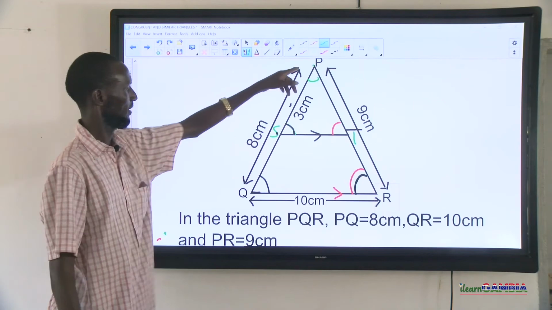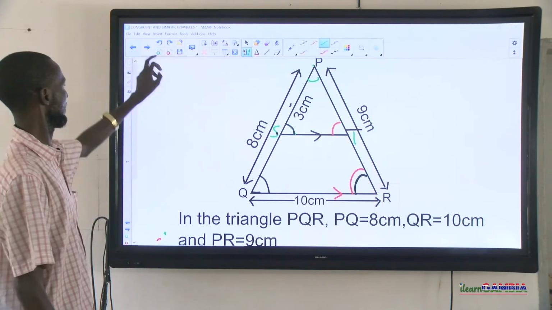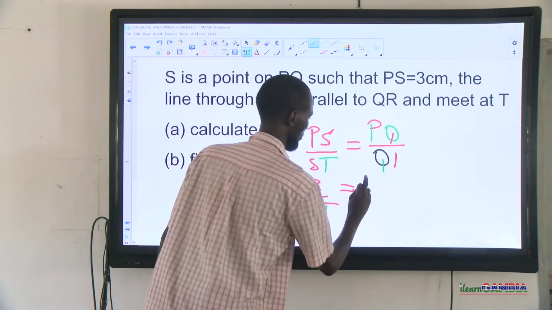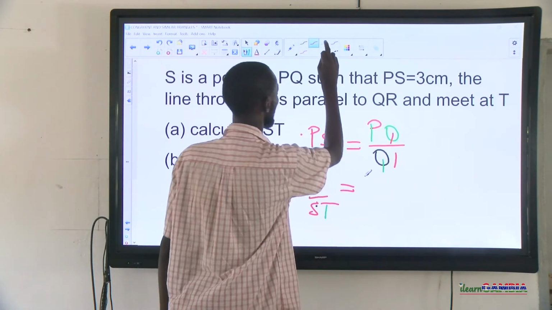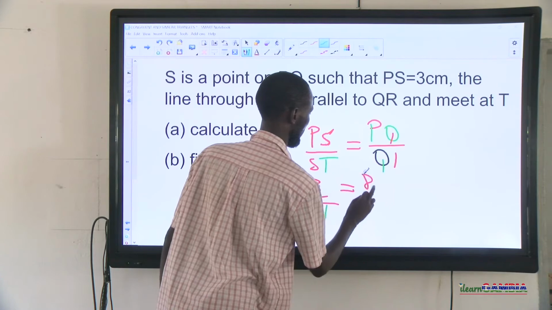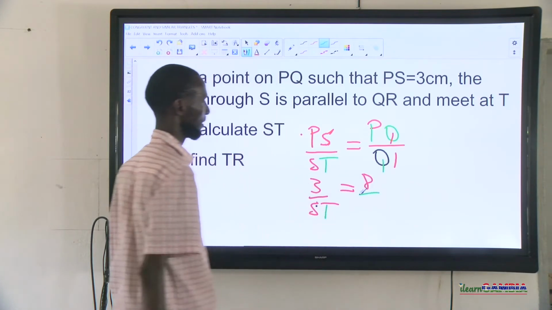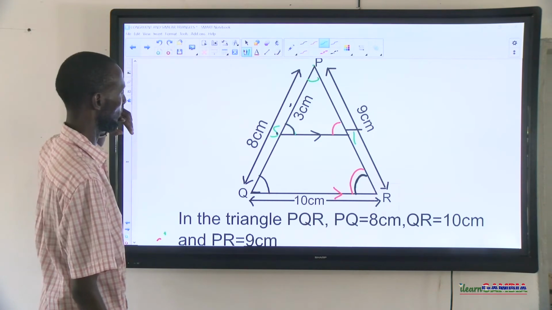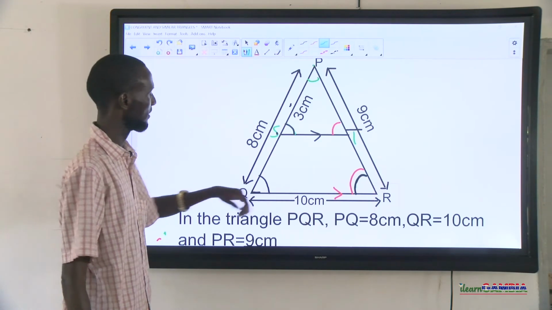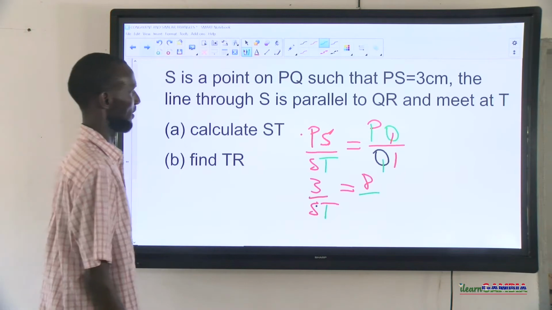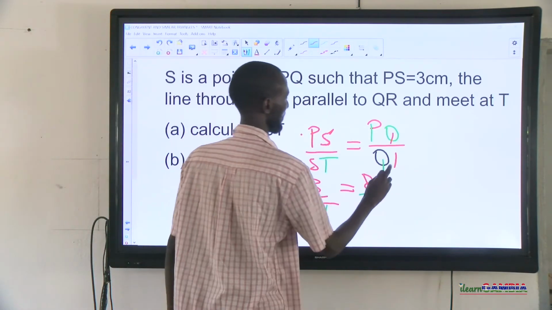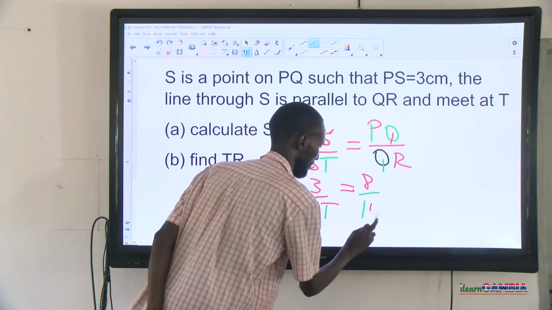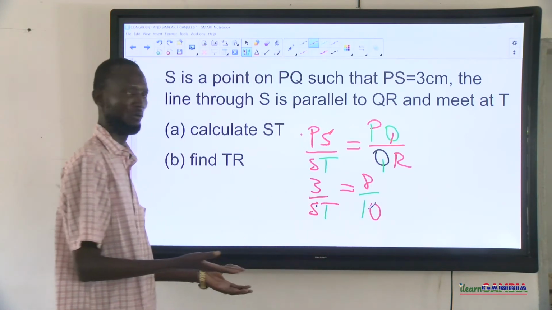Yes, it is 8 centimeters. So this will be 8 over QR. QR is 10 centimeters. By the way, this is R. So this is QR, which is 10. And from here, we can just do our cross multiplying.